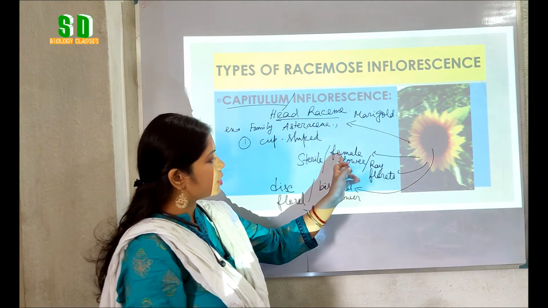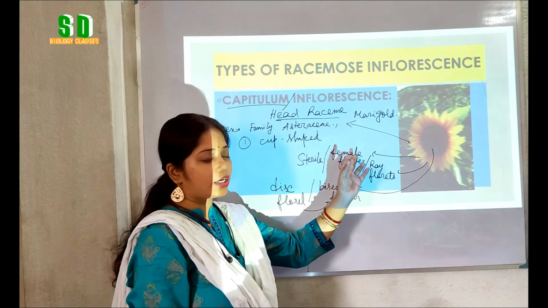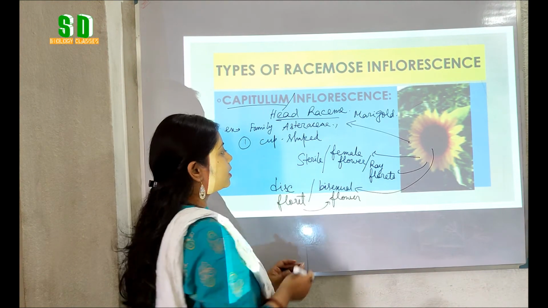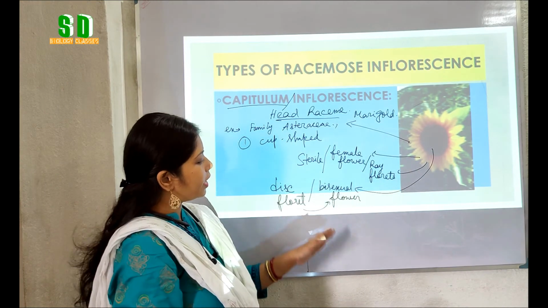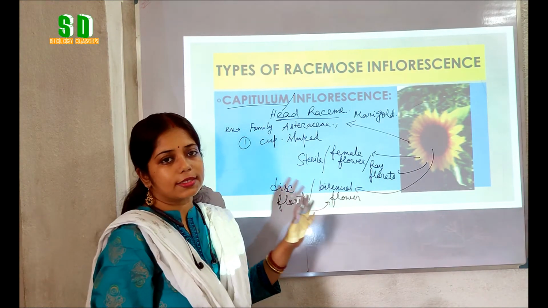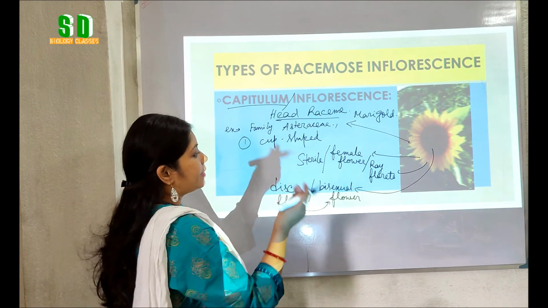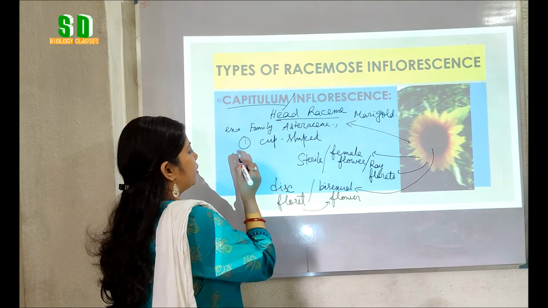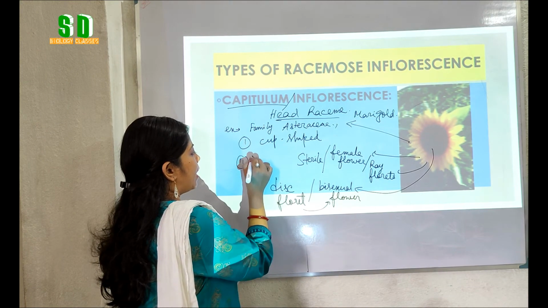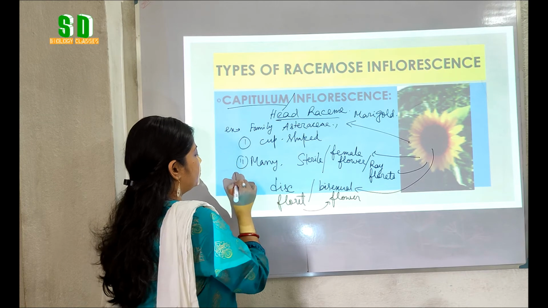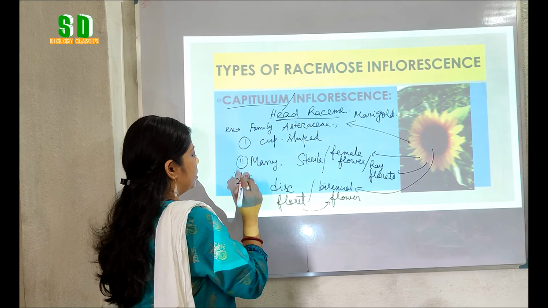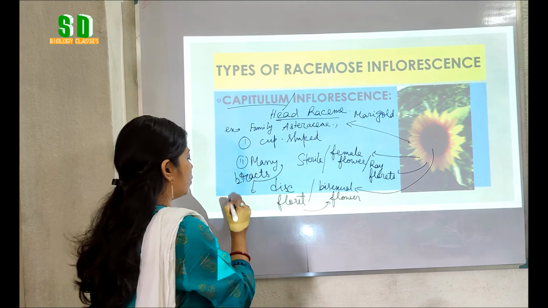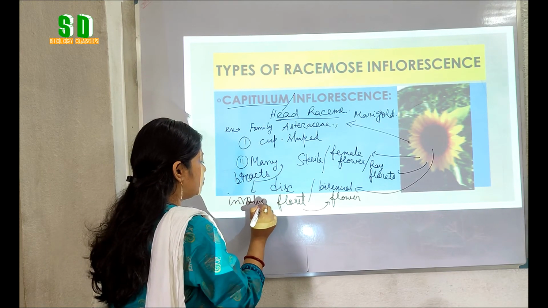Ray florets have only the gynoecium, that's why they are called female flowers, whereas disc florets are situated at the center, bear both the androecium and the gynoecium, and are called bisexual flowers. The lower part of this type of inflorescence is covered by many bracts, and together they form a structure called the involucre.